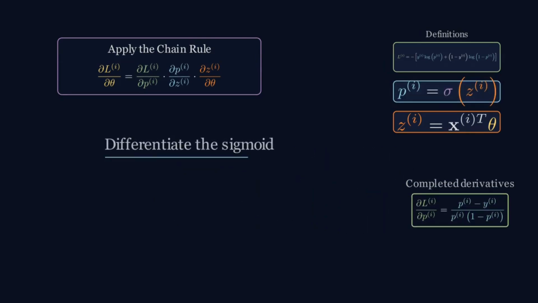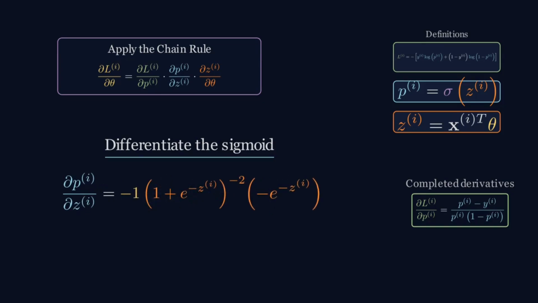Cool. The next step is to take the derivative of the probability function with respect to zi. So p of i, remember, is the sigmoid of zi, and the derivative of the sigmoid is p times 1 minus p. So to show you why that is, again, we're just applying the chain rule.